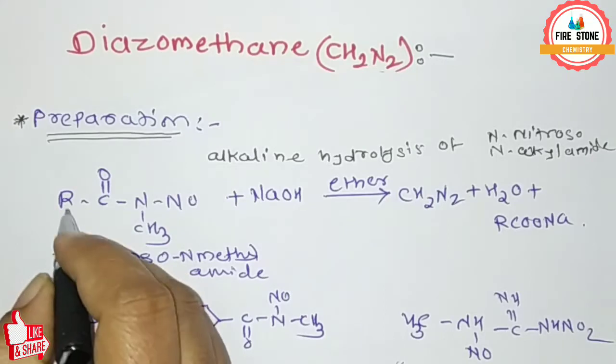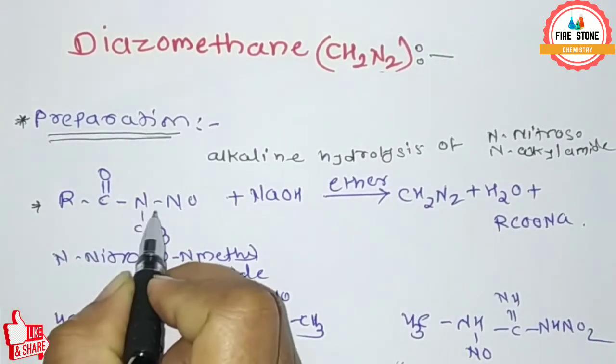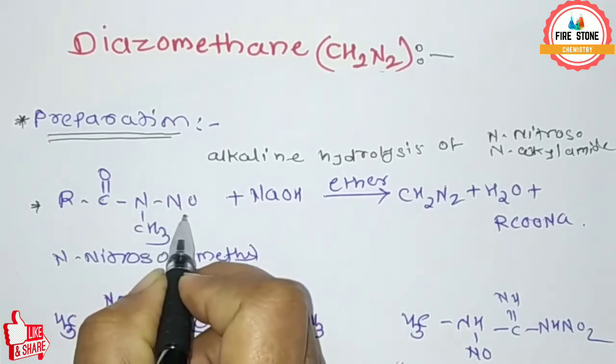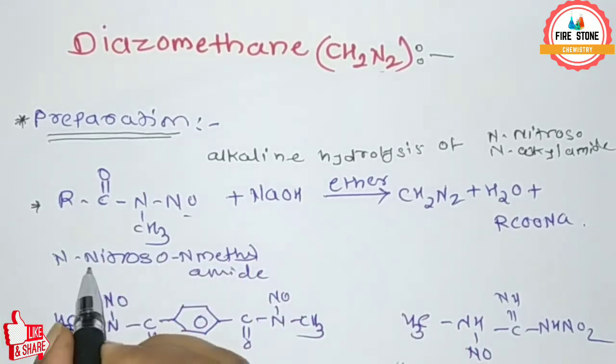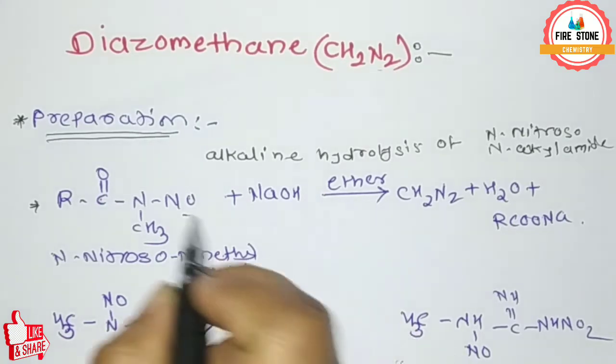So here see the reaction: RCO NCH3 NO, that is the nitroso group. So N-nitroso N-methyl amide.